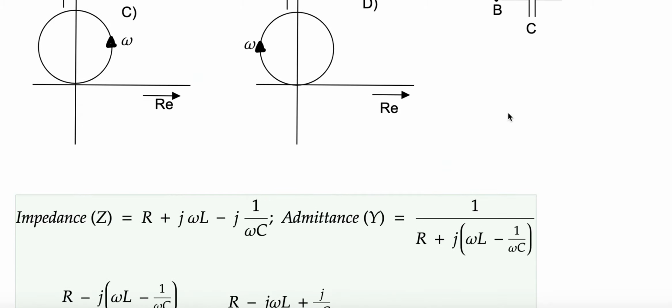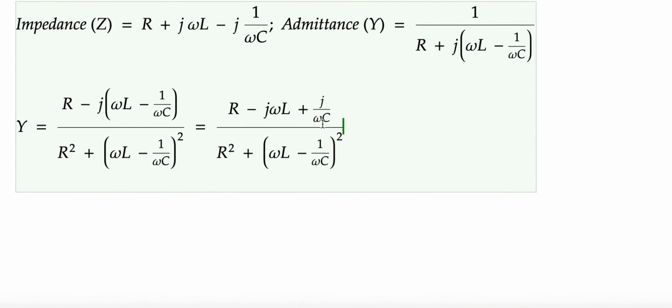Before the resonant frequency, 1 by omega C is greater than omega L. After the resonant frequency, omega L is greater than 1 by omega C. Here you need not bother about the denominator part, because there is a square term; whether it is positive or negative, the square is always positive.